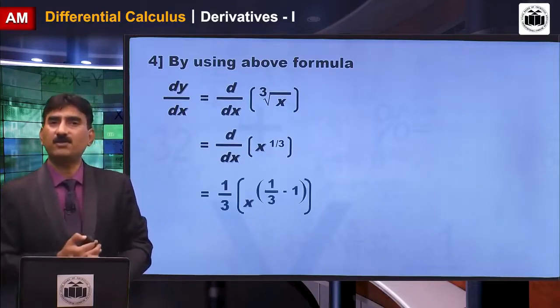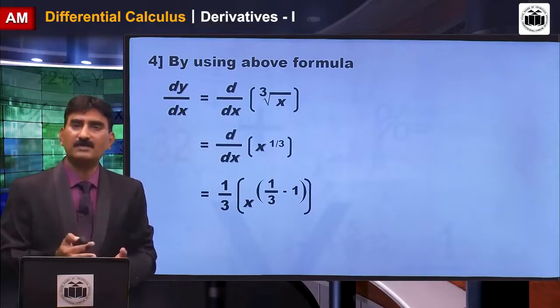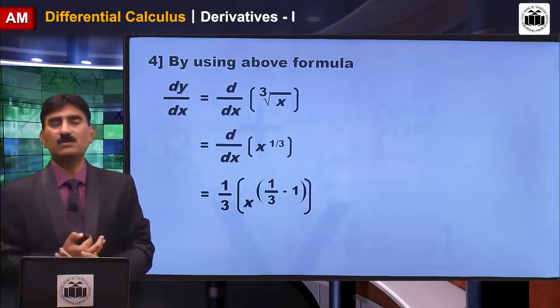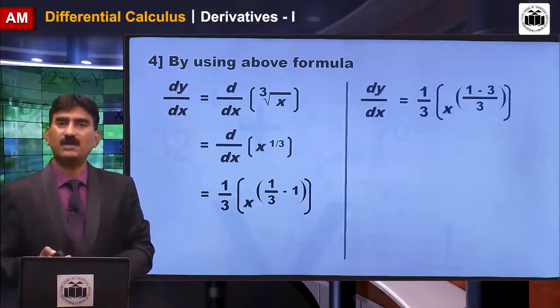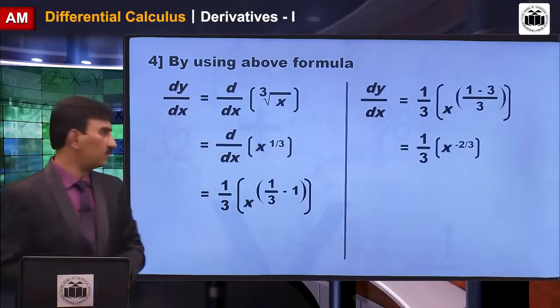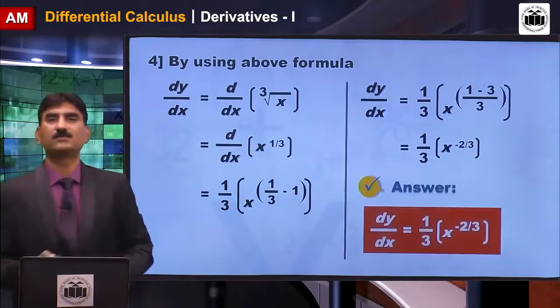So what is the derivative of x raised to 1 by 3? Again you write down 1 by 3 into x raised to 1 by 3 minus 1 by using the rule n into x raised to n minus 1. So after calculation, we get the result 1 by 3 into x raised to minus 2 by 3. Very good.